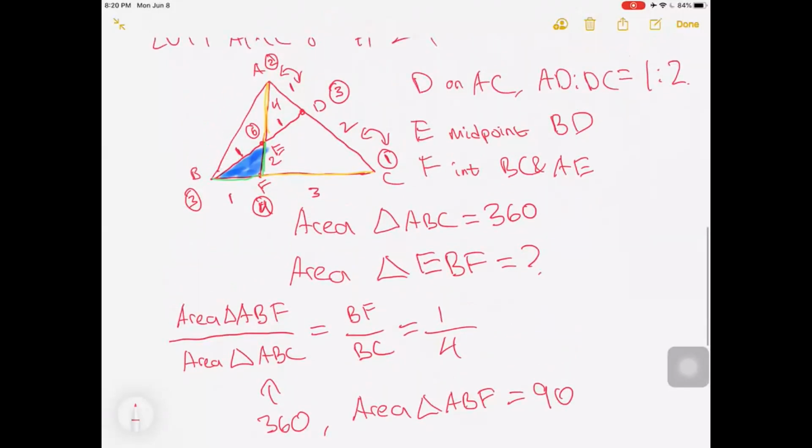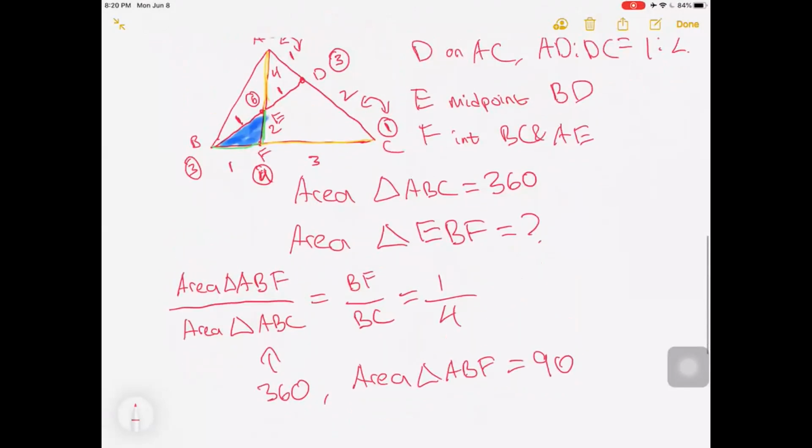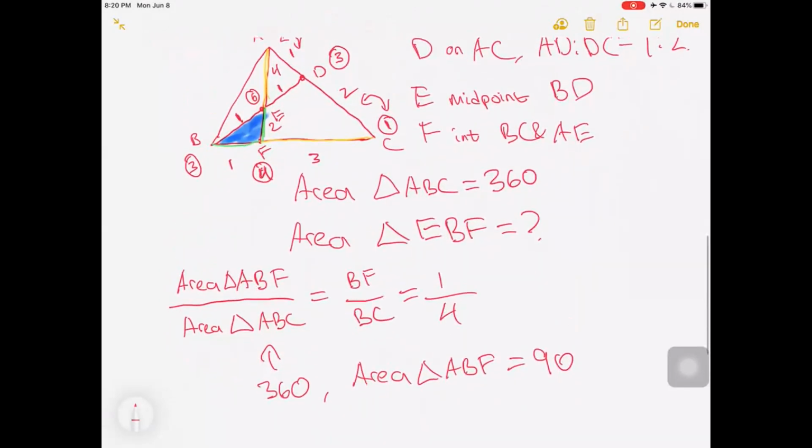And after we find the area of ABF, we can find the area of EBF now, because we can use the same exact ratios.